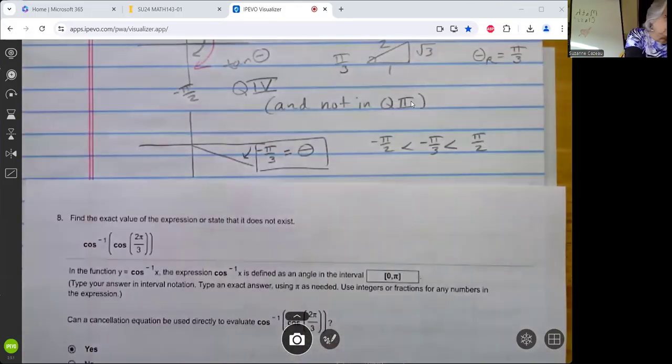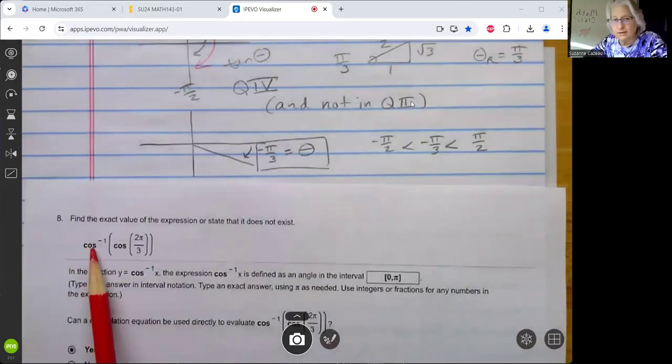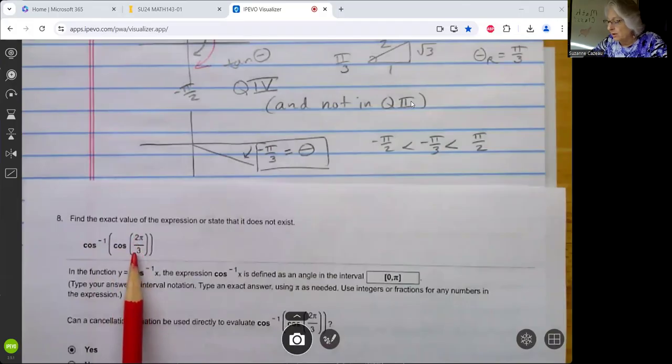Anyway, so we've got the inverse cosine of cosine of 2 pi over 3. The first thing I've got to say is that in order for this to exist, the 2 pi over 3 has to be in the domain of this inner function, the restricted domain of the cosine.